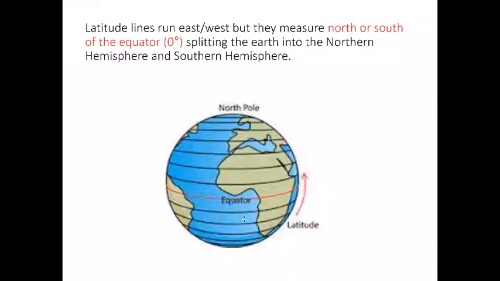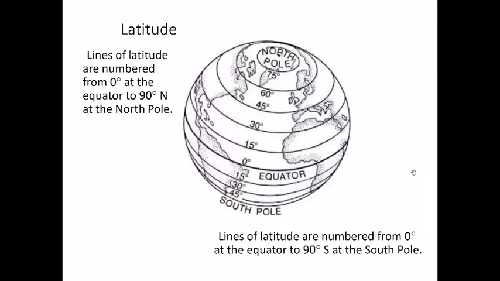In order to understand that, let's first see the lines of latitude. The lines of latitude run horizontally, and they are represented as zero at the equator. Above the equator we have the northern hemisphere, and below the equator we have the southern hemisphere. So the line of latitude at the equator divides the Earth into two hemispheres, northern and southern.